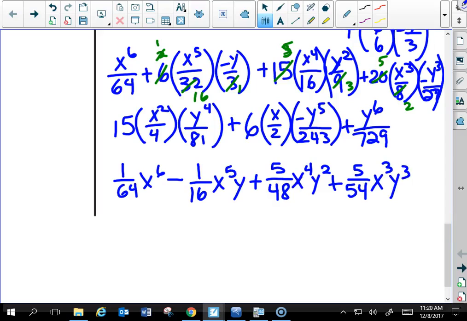And 3 goes into 81 27 times. 3 goes into 15 5 times. So when I do my multiplication, I get 3.